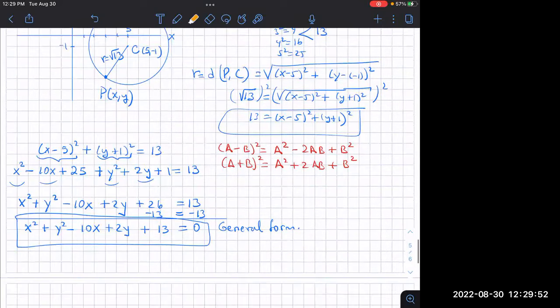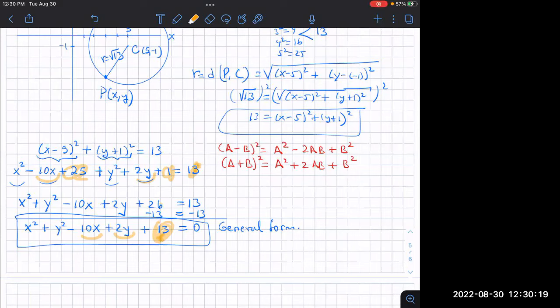You see the 10x and the 2y, they are key because they don't change. The 13 has changed, because there is a 25, there is a 1, and the 13. It's a coincidence that there's a 26 and a 13, because 26 minus 13 is 13, but usually it won't be.